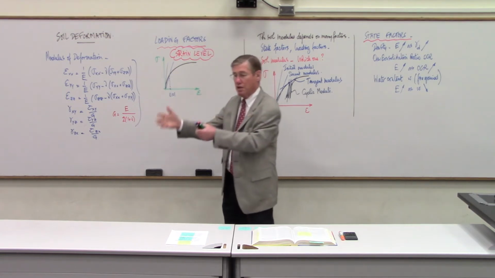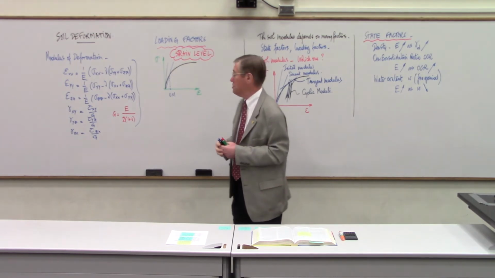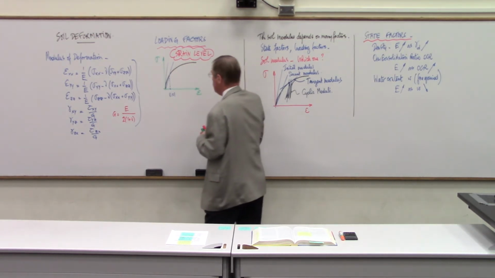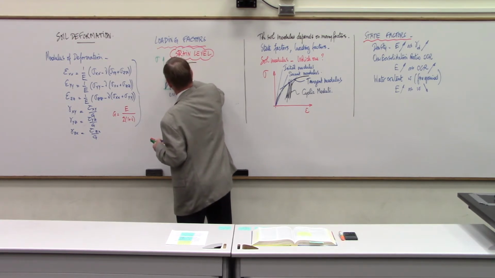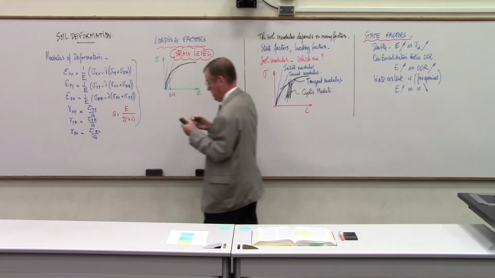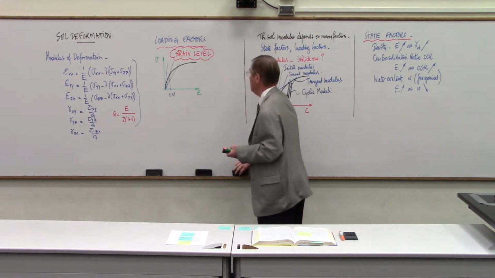And of course you build them, you wait for the settlement, and then you pave once the settlement is almost gone. So you could have some cases where you're operating at much higher strain. So the strain level is very important.